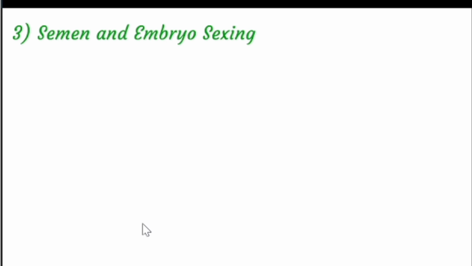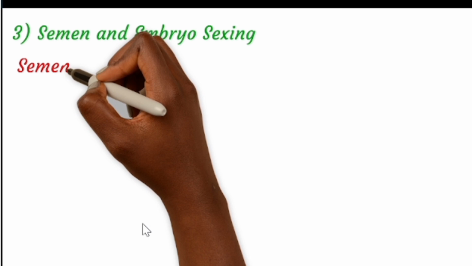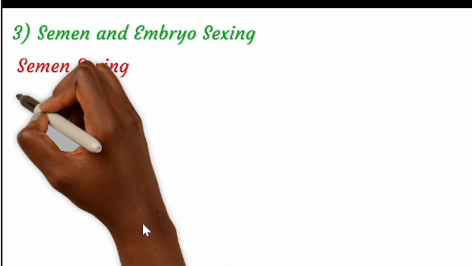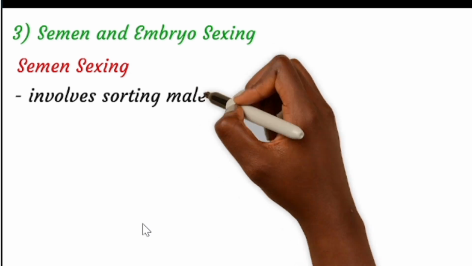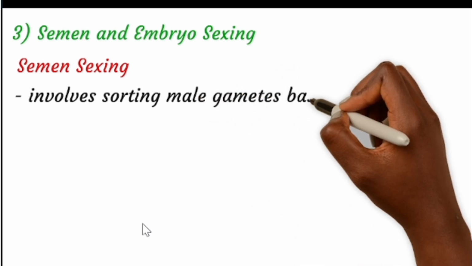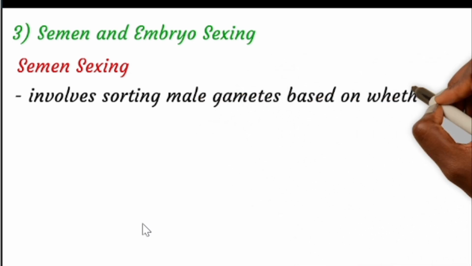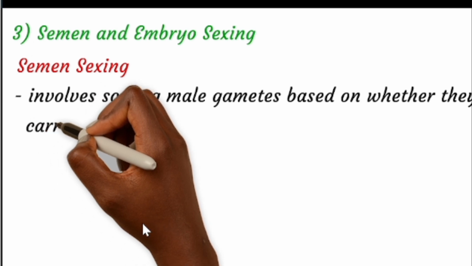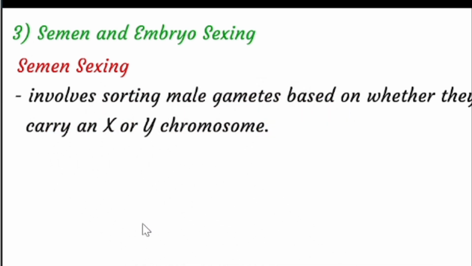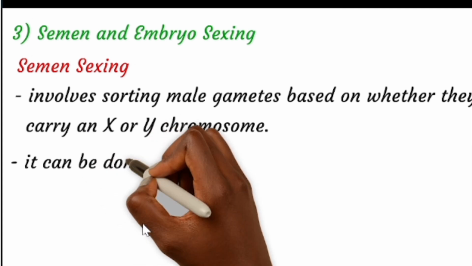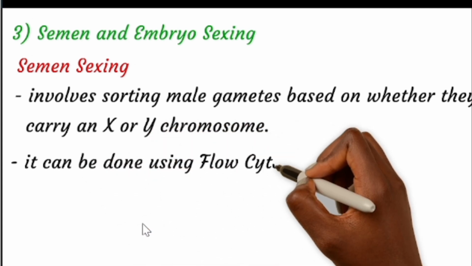What is it about? These two technologies simply involve the separation of the sex cells, that is the gametes, the sperm cell, which can contain either the X chromosome or the Y chromosome. So you have to sort the male gametes based on whether each one is carrying the X chromosome or the Y chromosome.